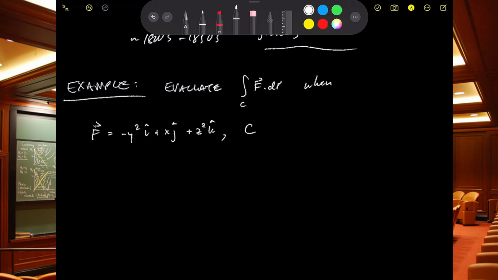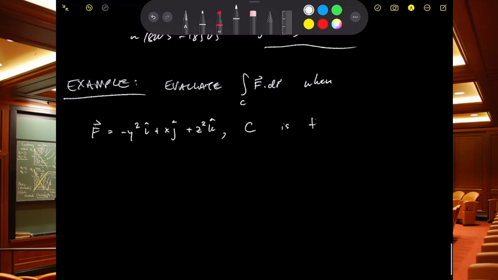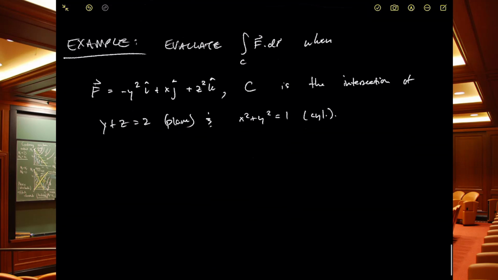And the boundary curve is the intersection of the plane and the infinite cylinder x squared plus y squared equals 1. We'll say it's oriented so that the curve, this intersection, is counterclockwise from above. That's the positive orientation.